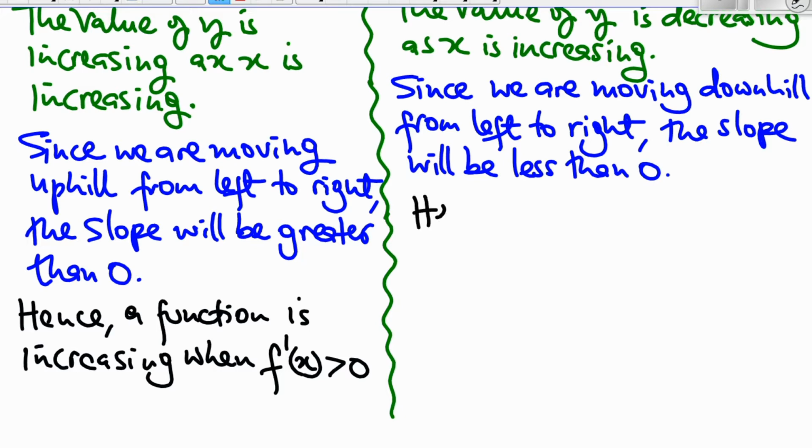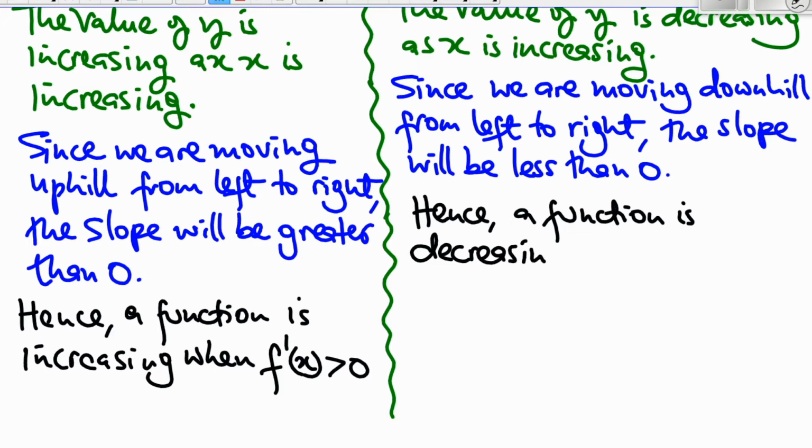So hence, a function is decreasing when the slope is less than 0. And this is very, very important, and we shall be using these observations later on to analyze different situations.